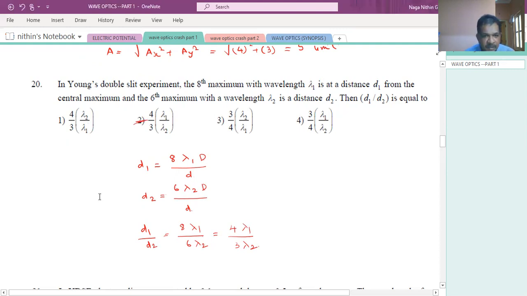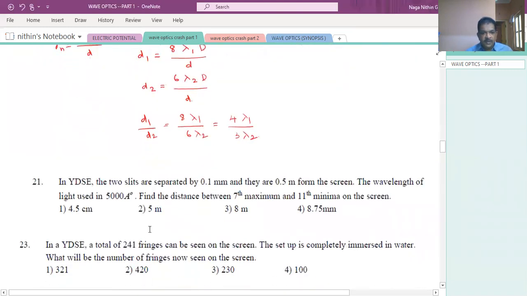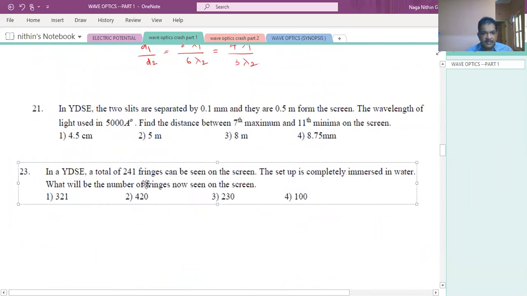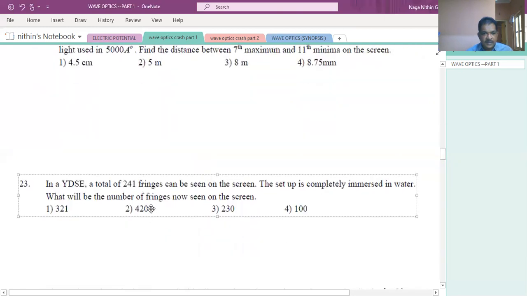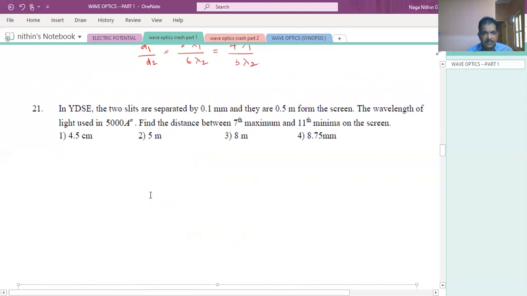Distance of the nth bright band from the central bright band. What is the formula? Yn is equal to n lambda D by d. Using this formula, we did this one. Next, in YDSE, Young's double slit experiment, the slits are separated by 0.1 mm, and this will be small d.